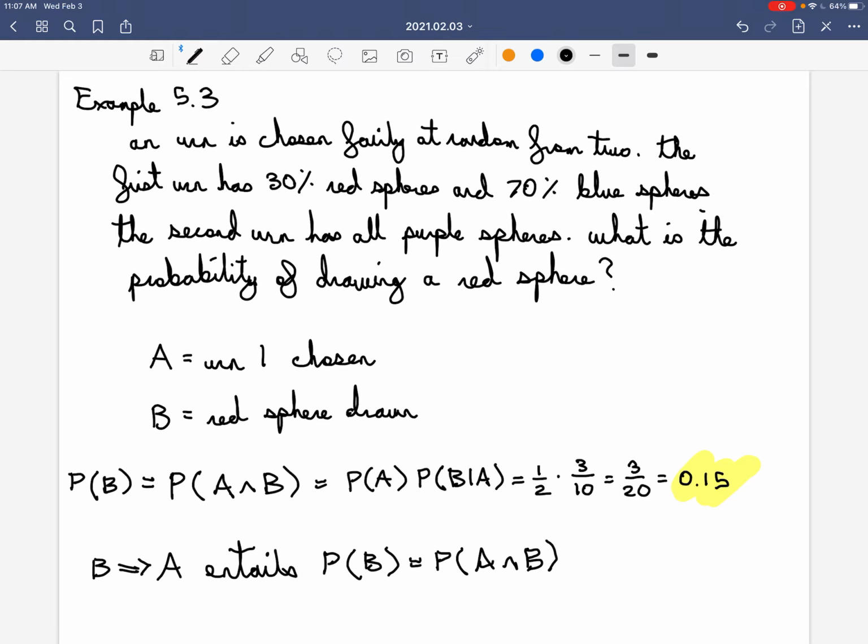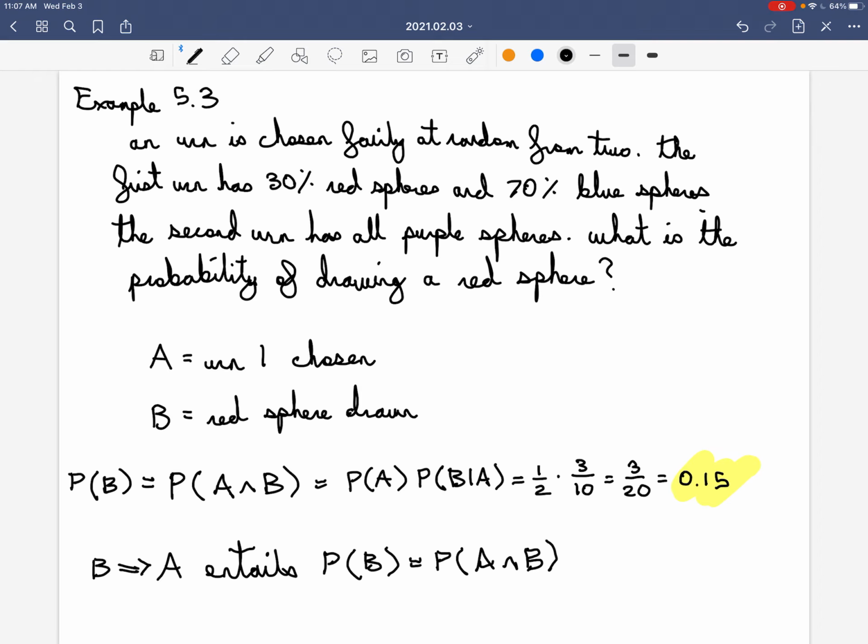If I start my translation to mathematical language by saying that the event A is urn 1 being chosen and the event B being a red sphere drawn, then B implies A because all of the red spheres are in the first urn, and therefore the probability of B is the probability of A conjunction B.